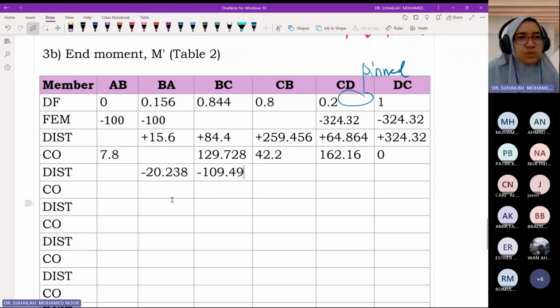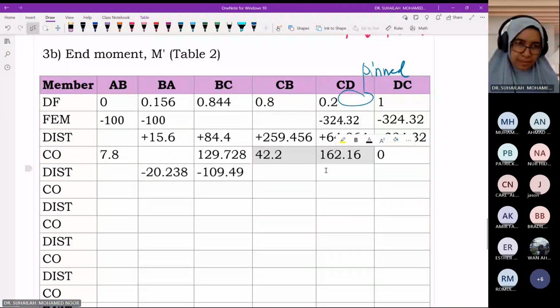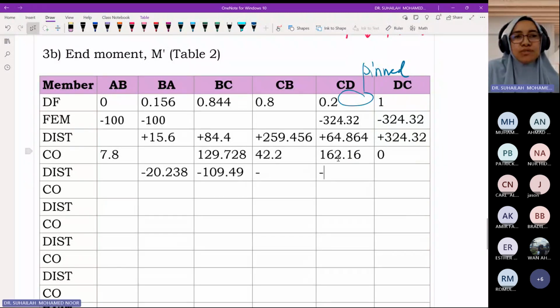But these two have to be added first. Find the total moment: 42.2 plus 162.16. So the total is 204 positive, so the answer is negative. Okay, because the total is positive, the answer has to be negative. 204.36 times 0.8 gives 163.488.